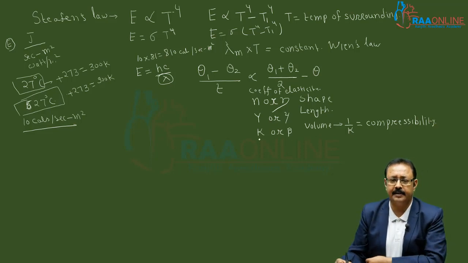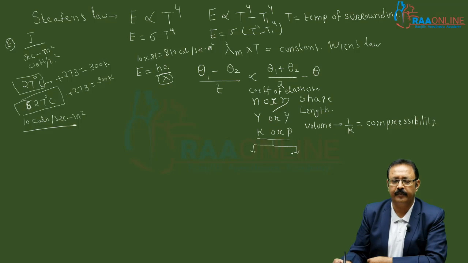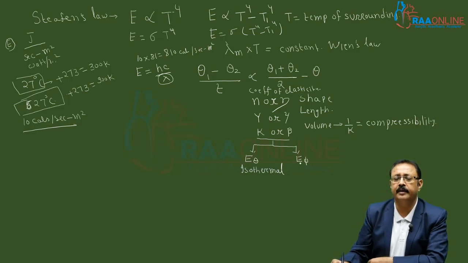And for gases, again there are 2 types of volume elasticity. One is at constant temperature, denoted by E theta, known as isothermal elasticity. Another one is E phi, when temperature is not constant, known as adiabatic elasticity.